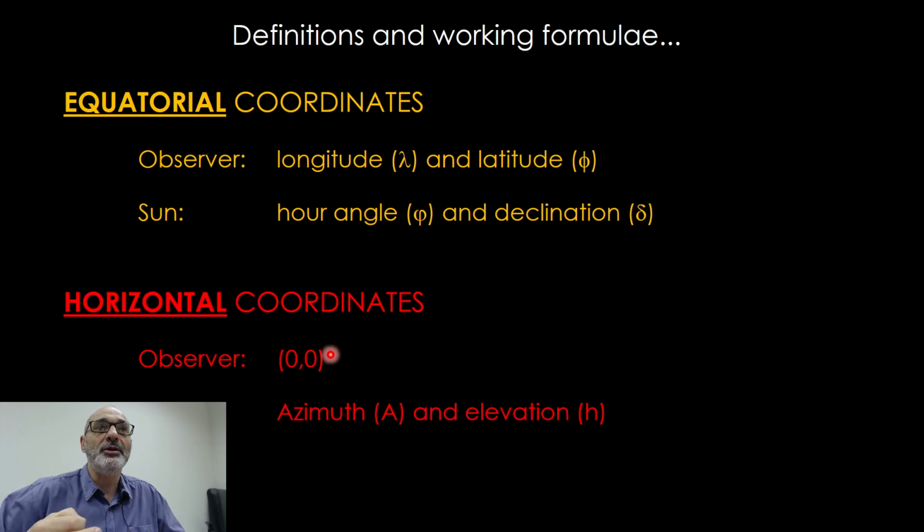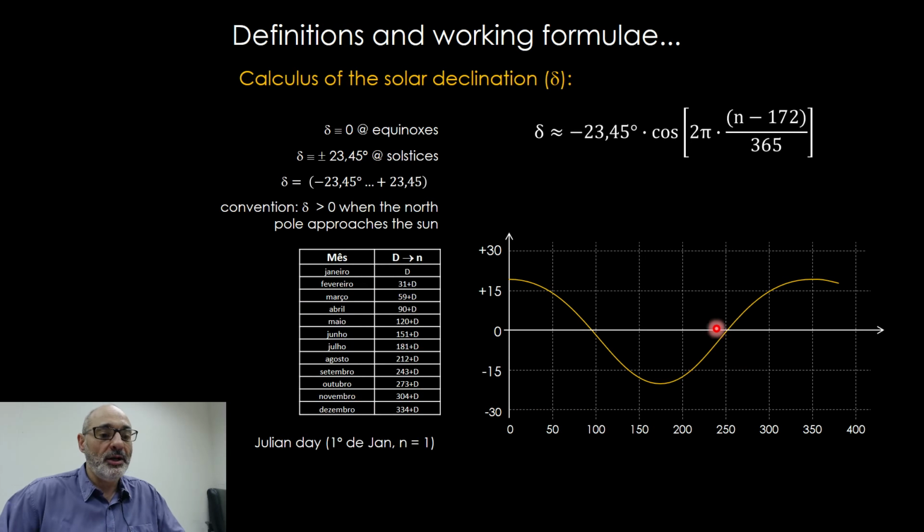In horizontal coordinates, the observer is at 0, 0, on the origin of the system, and the sun is defined in terms of its azimuth, A, and elevation, H, okay? So what we must be able to do is to jump from one to the other in order to make all these calculations. Okay, let's start.